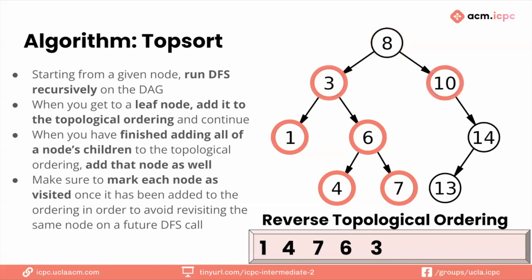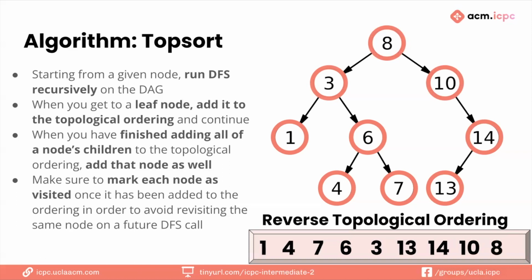And we go to the right branch of node 8. We continue to node 10, 14, 13, go all the way down to the leaf node. Now 13 is the leaf node, so we add it. All children of node 14 are added, so we add node 14, node 10, and node 8. And this is how we get the topological ordering of this graph.